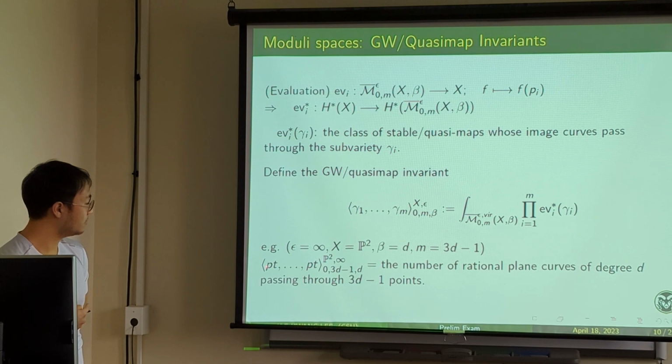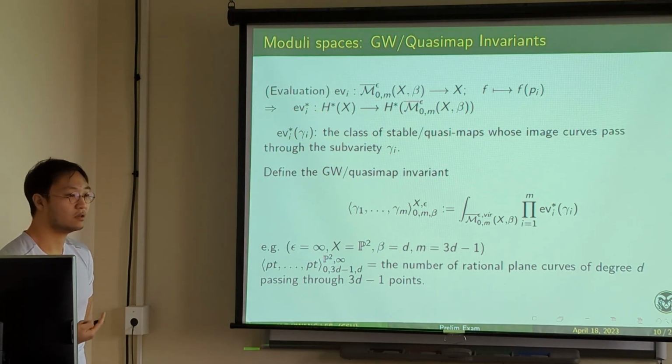And then choose 3D minus 1 point classes. Then this GW invariant represents the number of rational plane curves of degree D passing through general 3D minus 1 points. That is computed from Kontsevich's renowned formula.